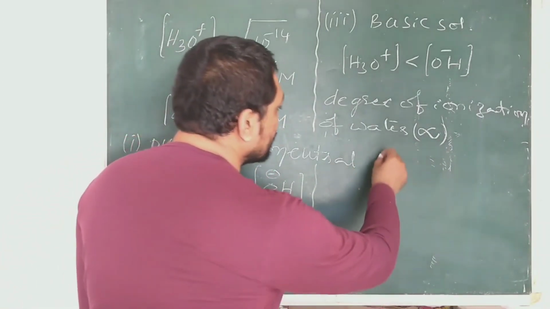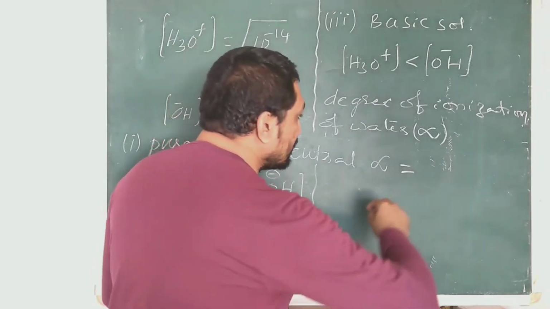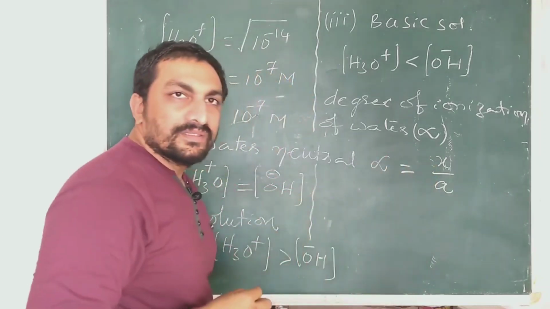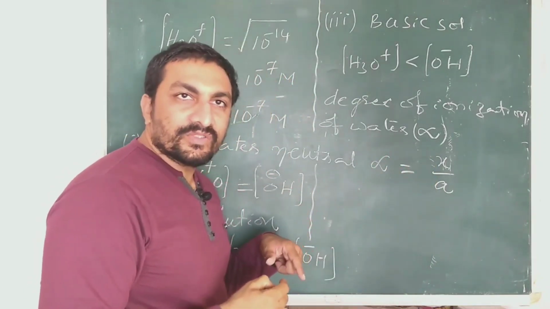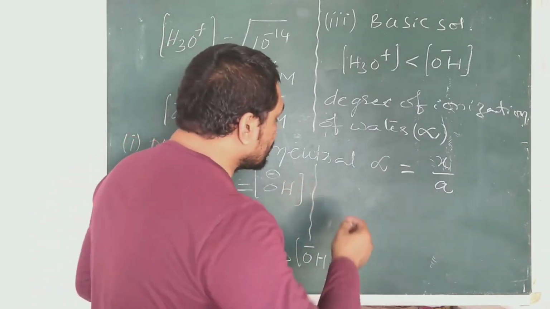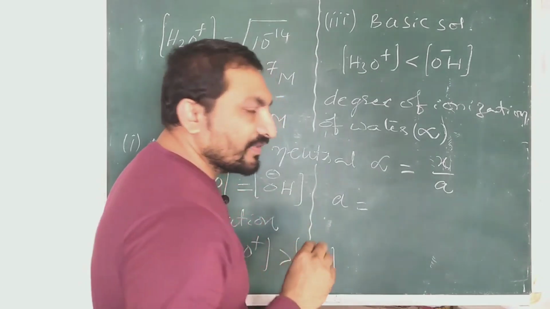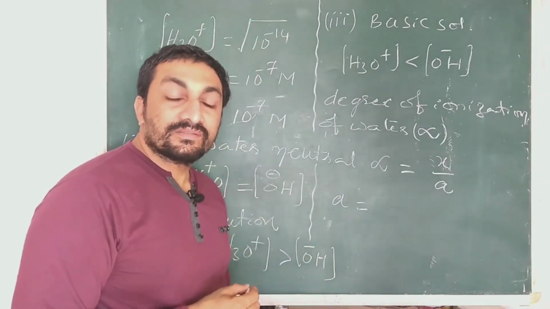Alpha equal to x upon A. Here what is x? Moles dissociated. Then what is A? Initial moles. Now initial moles, that is A, equal to what? So from where will we get this A? We will get this from the molarity of water.